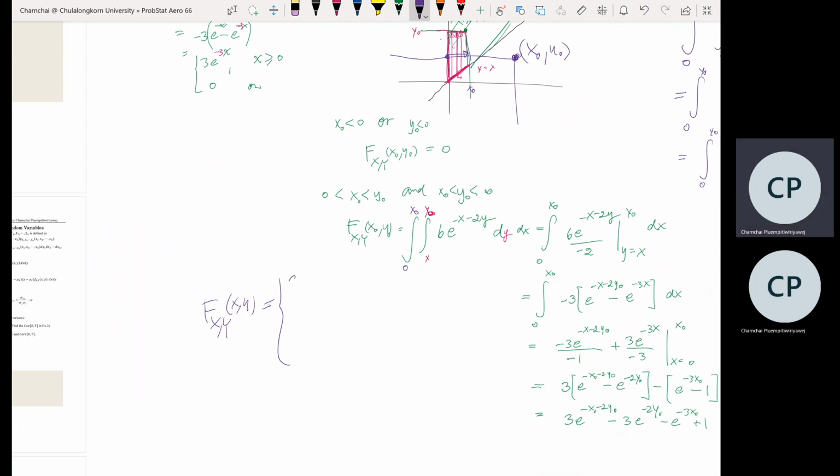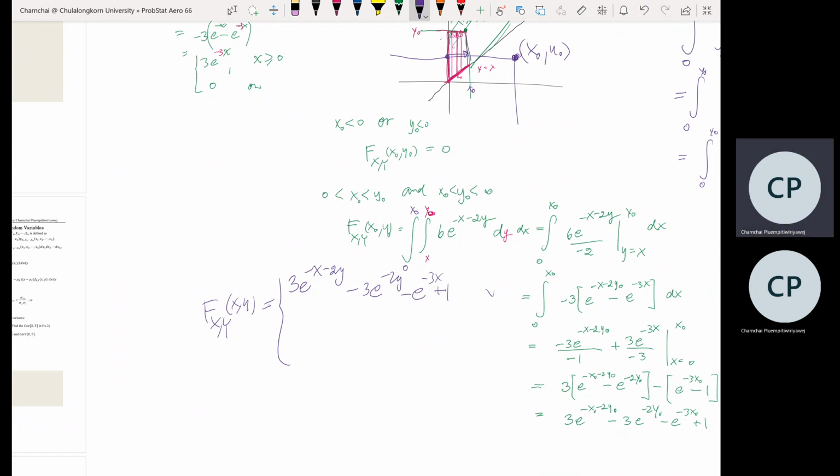It's gonna be 3 e to the negative x minus 2y, minus 3 e to the negative 2y, minus e to the negative 3x plus 1.